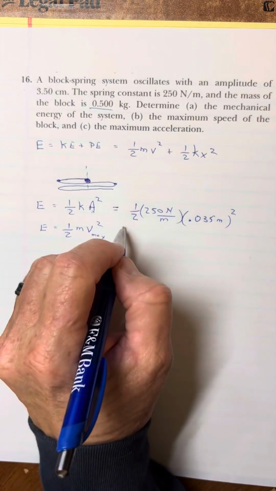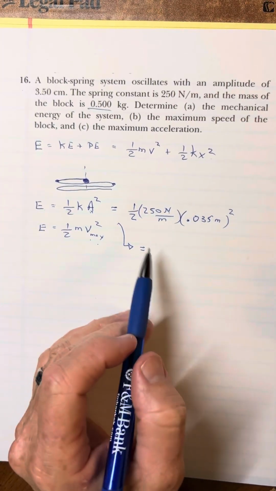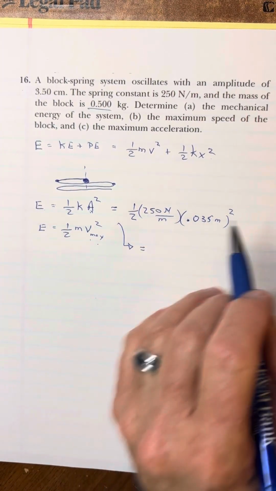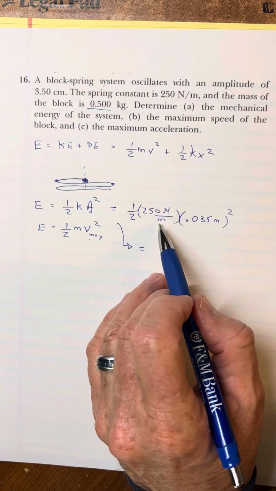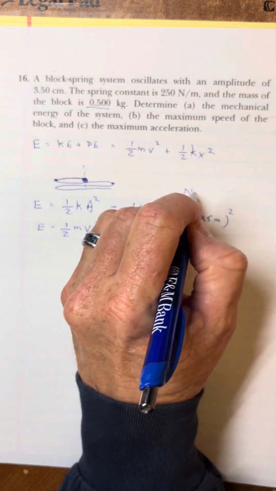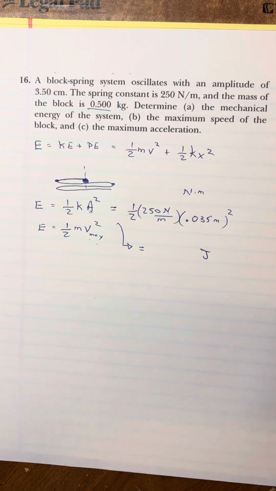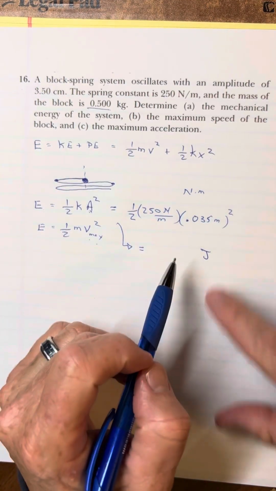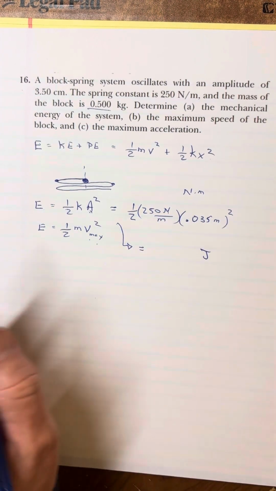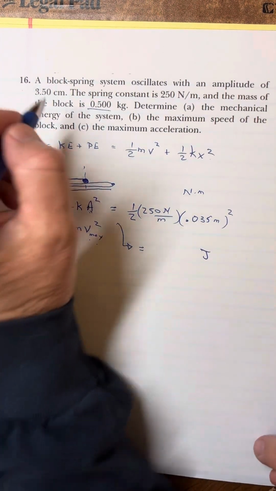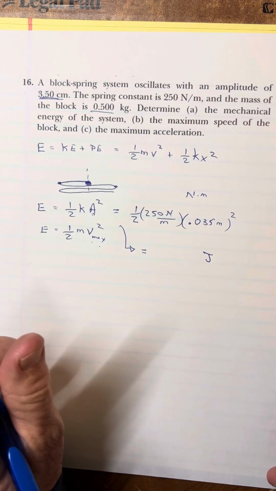Now you'll see why I wanted to put it in meters: right here, I'm going to get meters squared. One of these meters will cancel with one down there, and then I'll be left with a newton times a meter, which is a joule. So to get this to come out to be joules, I needed to watch my units. I needed to make sure things were in newtons for forces and meters for distance, and this amplitude was not, so it needed to be converted over to meters.